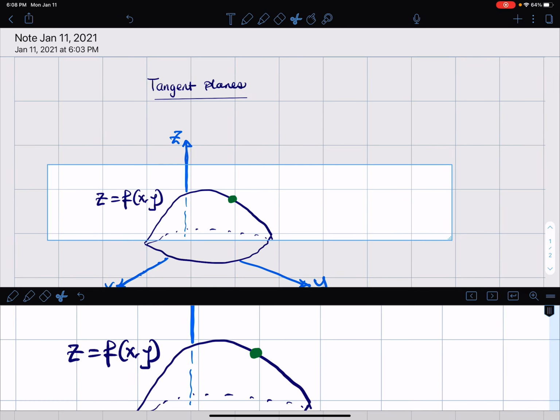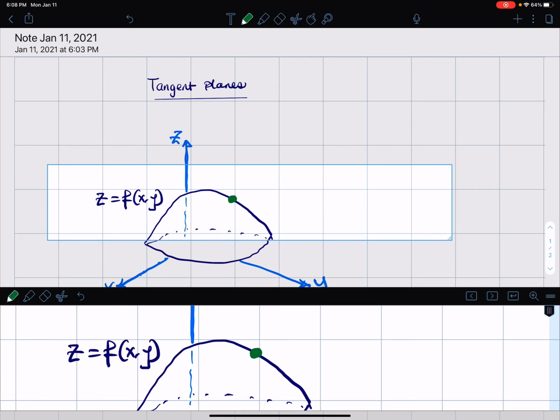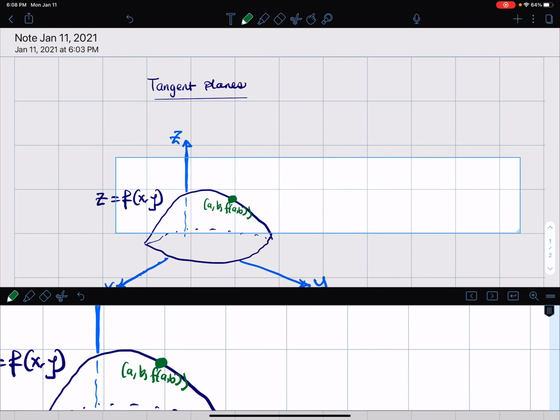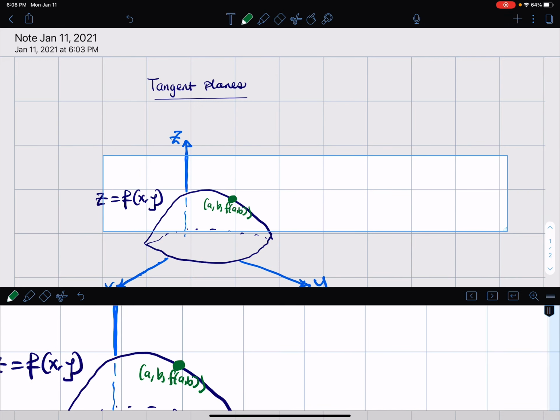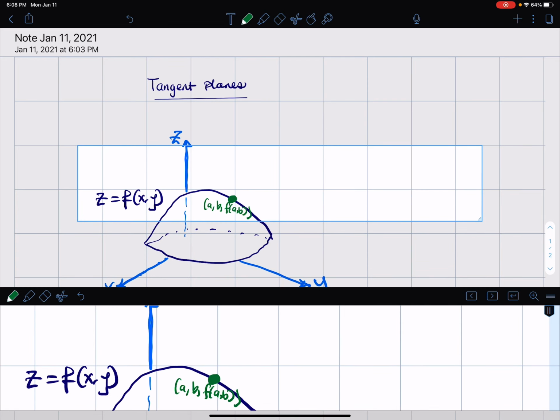The point is (a, b, f(a, b)), so it has three coordinates. Consider a tangent plane that touches the graph of this function at just this one point. What do I mean?